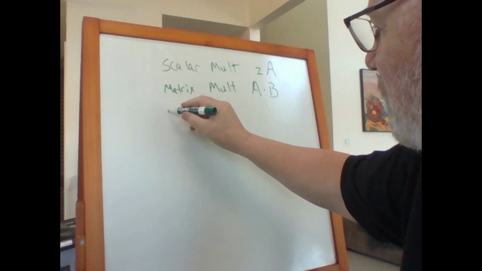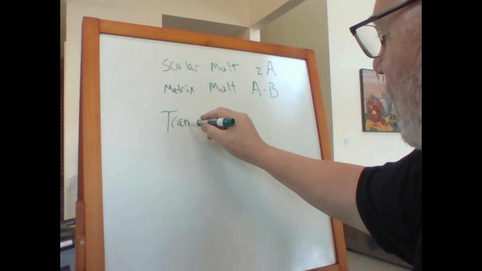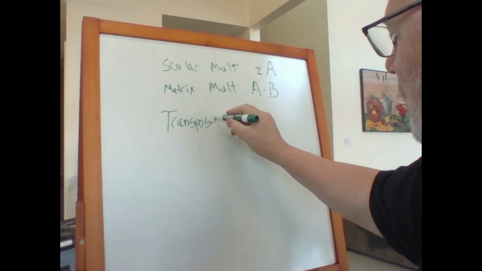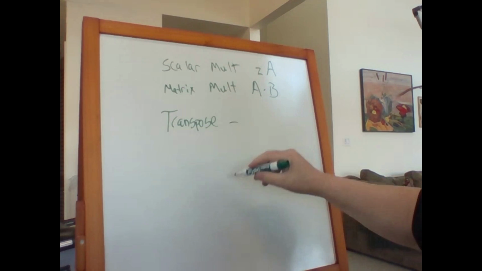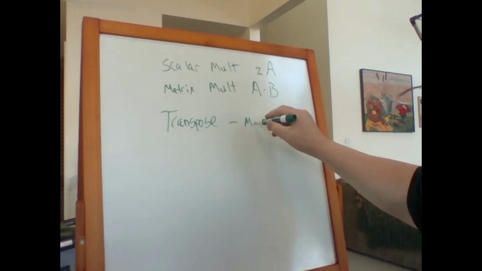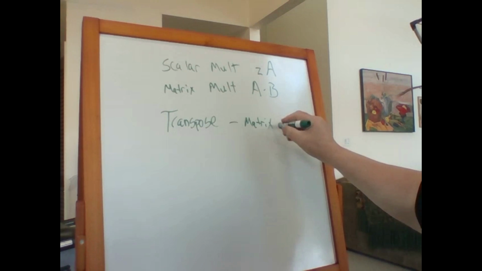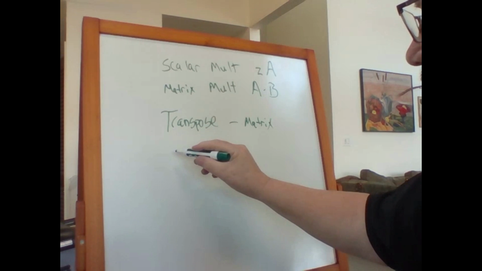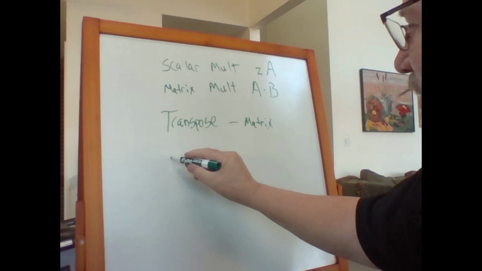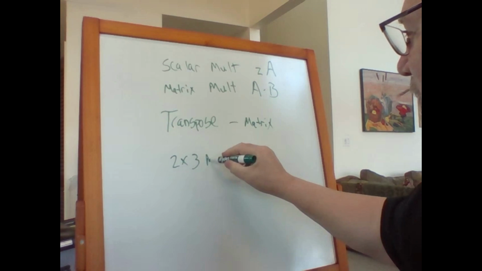Next time we're going to look at a transpose, and we're going to look at the meaning of a transpose matrix. And we're going to look at different types of matrices and their characteristics, like a 2 by 3 matrix.